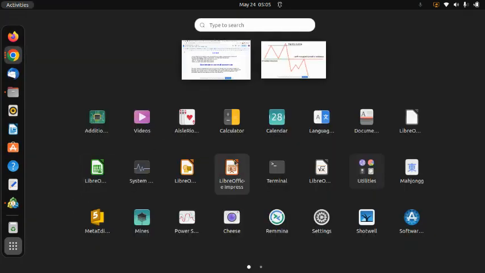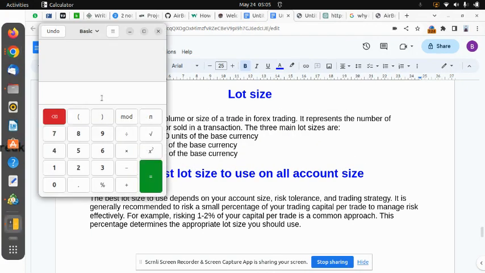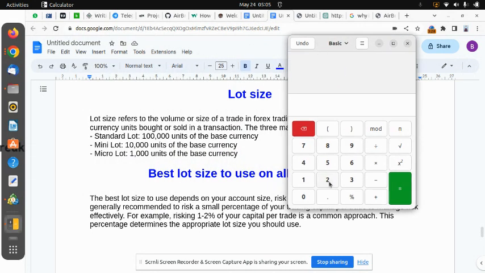So basically, if you want to know how to do it on your own without using any website, it's very simple. What are you willing to risk? 1% of a $5,000 account is $50, right? So you divide it by whatever you are willing to risk in pips. We said let's say you are willing to risk 10 pips. You divide $50 by 10 and you have 5. Then you divide by 10 again, which is constant.